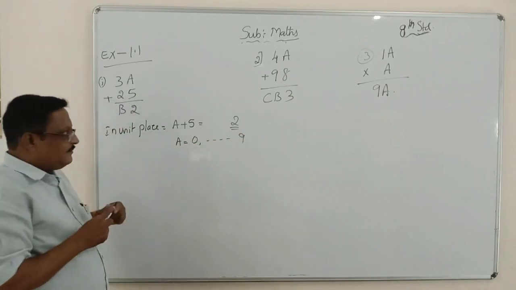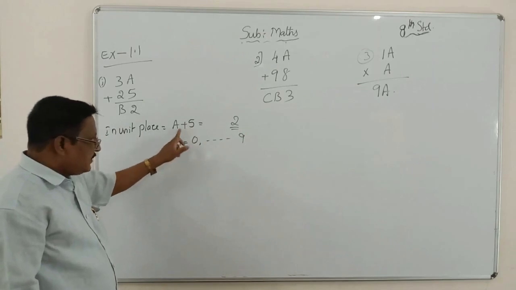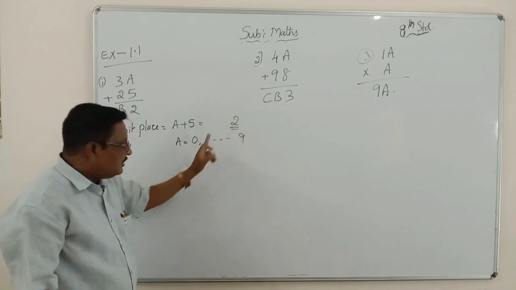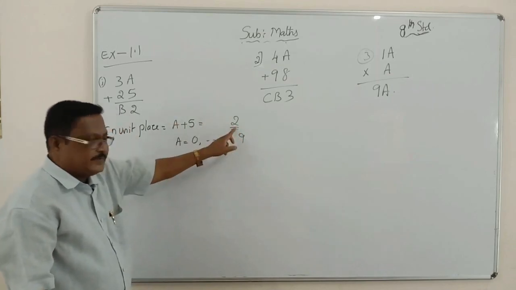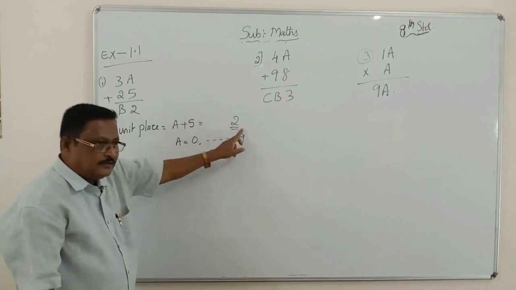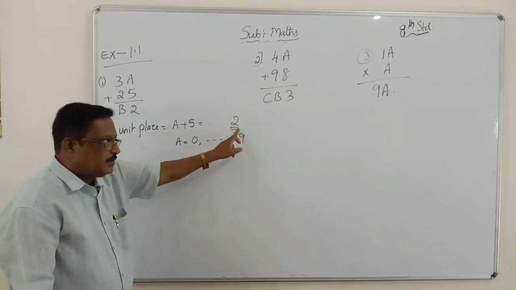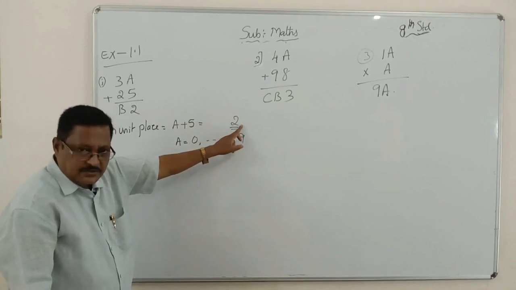Suppose when you are adding 5, here A is 0, 0 plus 5 is 5. In unit place 2 is there, it is wrong. When you are taking A is equal to 1, 1 plus 5 is 6, wrong. A is equal to 3, 3 plus 5, 8, wrong. 4 plus 5, 9, wrong. 5 plus 5, 10, 0, wrong. 6 plus 5, 11, 1 in unit place, wrong.